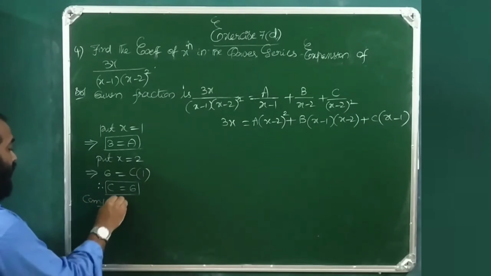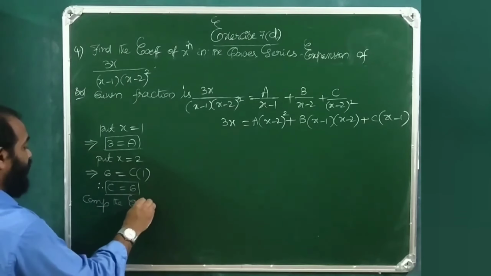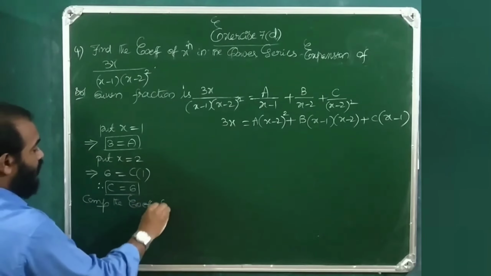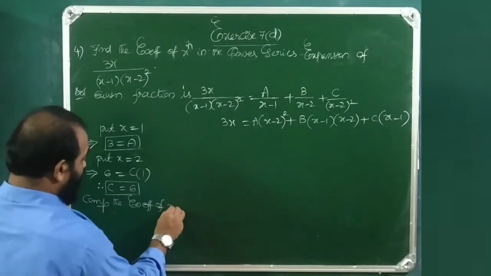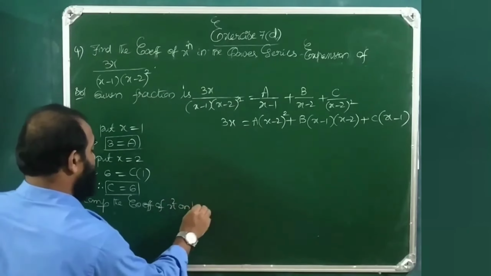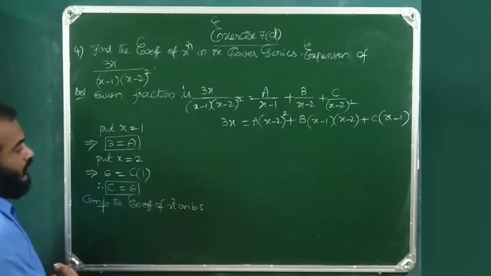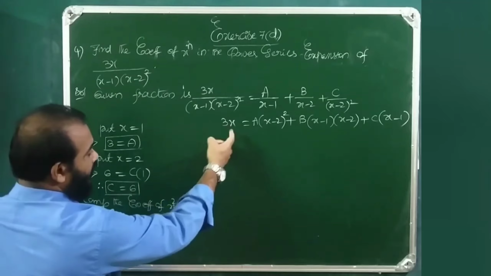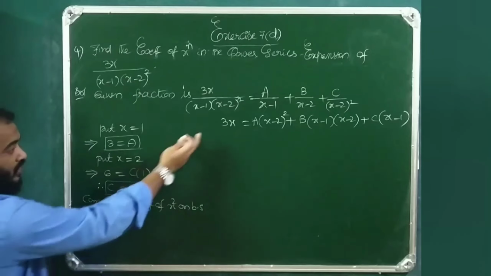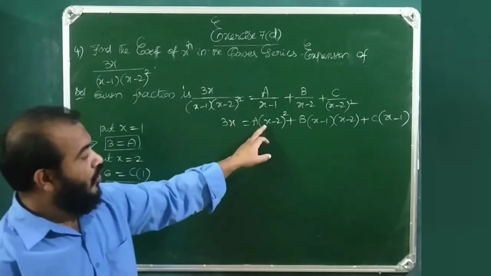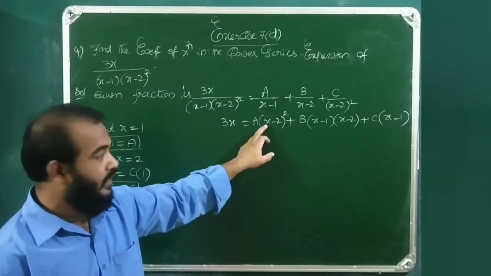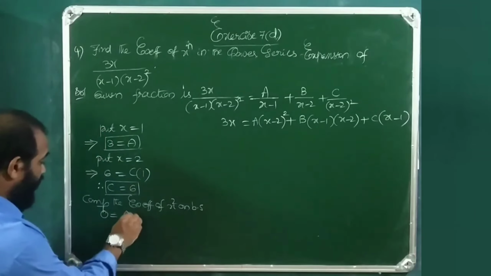Comparing the coefficients of x square on both sides. Here, the coefficient of x square in the numerator on the LHS is 0. Here, on expansion, we'll get x square, its coefficient is a.